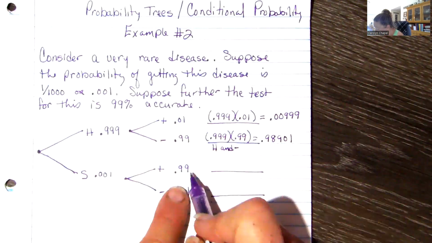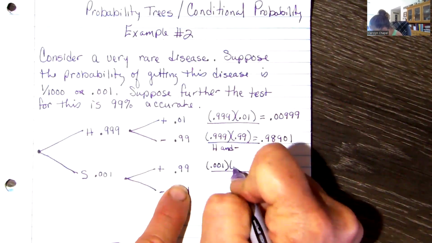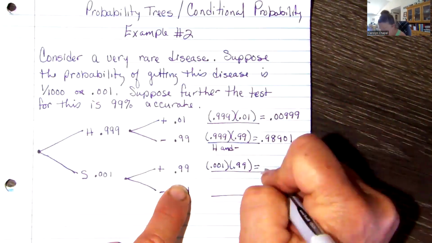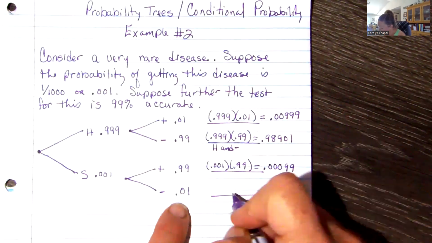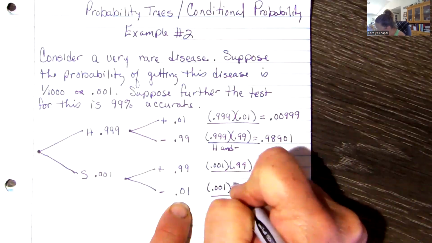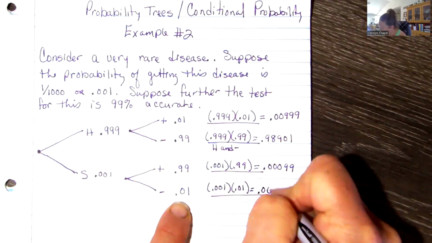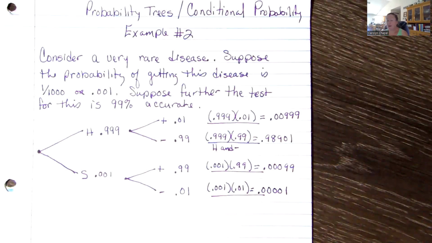Here we have multiplying these together, and that would give me 0.00099. And multiplying those two together, a very small amount, 0.00001.